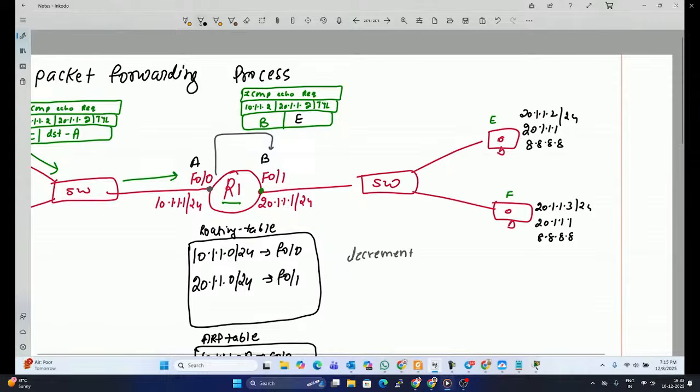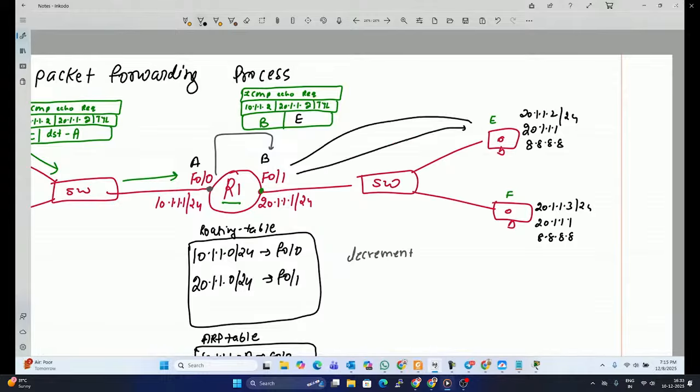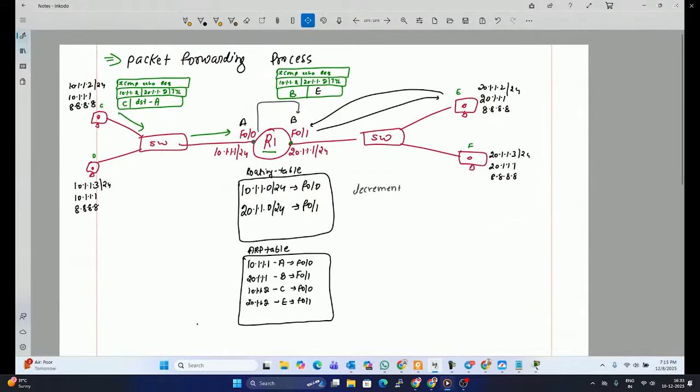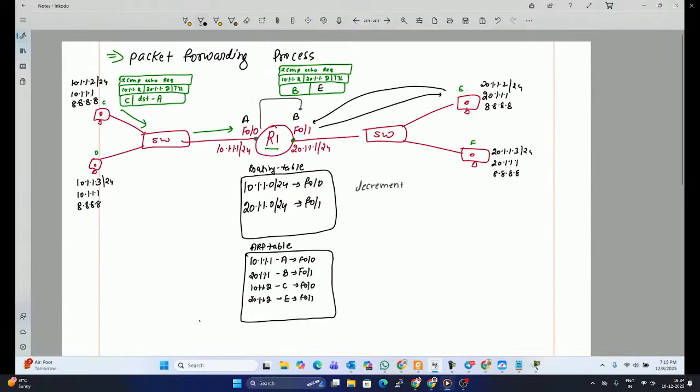Packet will reach the host. Host will give the response as it is. Then the router will take a forwarding decision, but before that the router will decrement the TTL value. And then the router will forward this frame or packet back to this host.